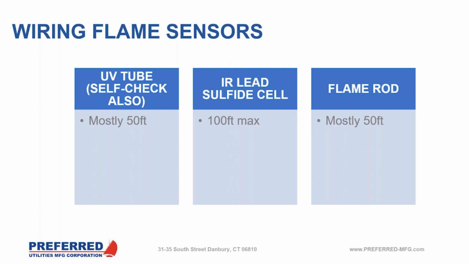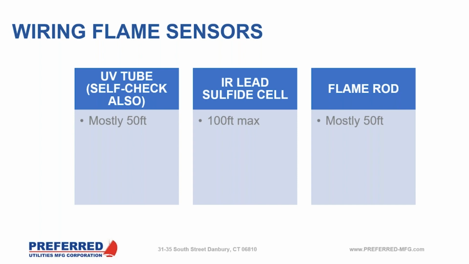The flame rod, if you're using that particular type of detector, about 50 feet is also about the max on that. Obviously with a flame rod, it's going to be close to where the spark is induced also, so that's going to be the closest.